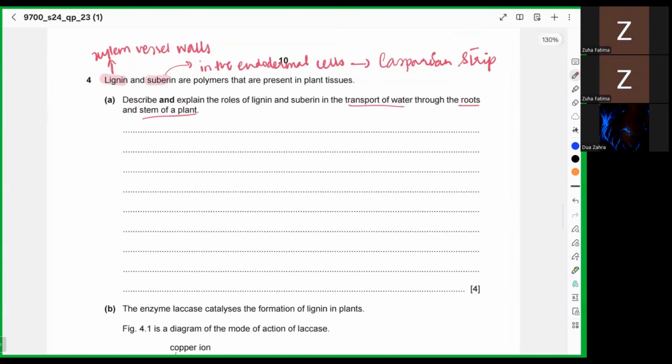So lignin and suberin are hydrophobic in nature.